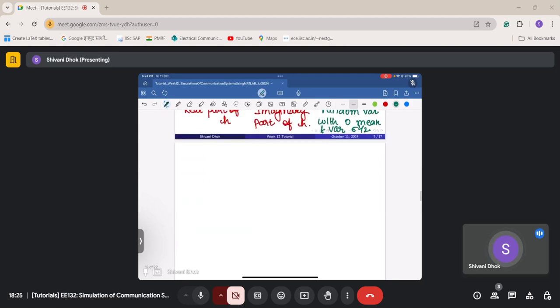So HR is distributed as Gaussian with mean 0 and variance sigma square by 2, and in a similar way HI is distributed as Gaussian 0 comma sigma square by 2, and these two are IID.